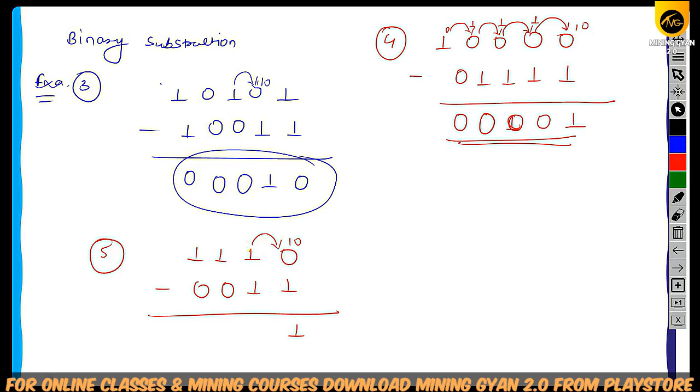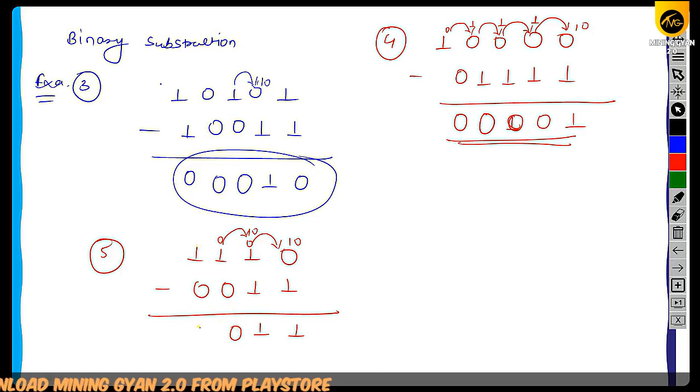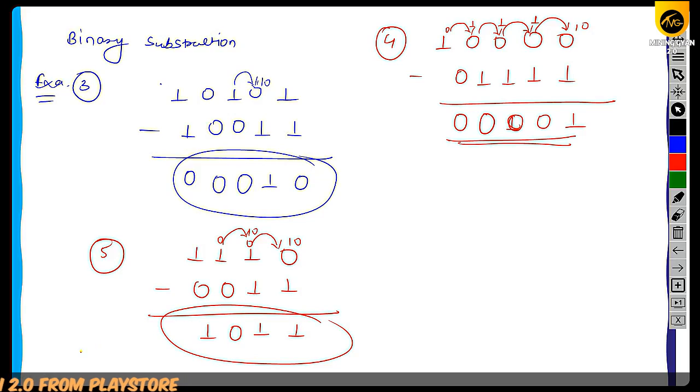Now it will become 0, so we have to borrow from the previous column, so 1 and 0, it will become 10 minus 1. Again because it will be 10, 10 minus 1 is 1. Now this is 0, and 0 minus 0 will become 0, and 1 minus 0 will be 1. So the answer will be 1011.